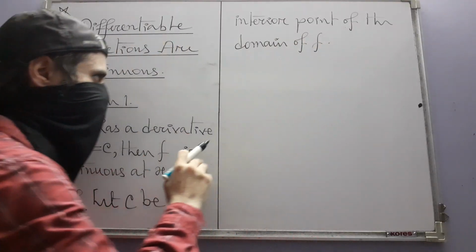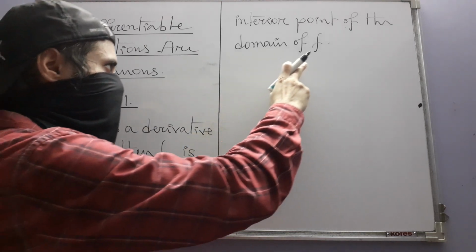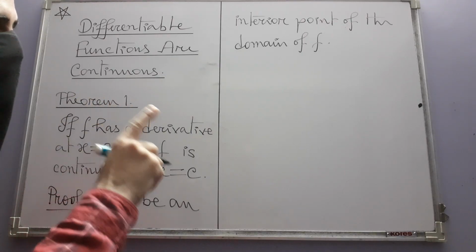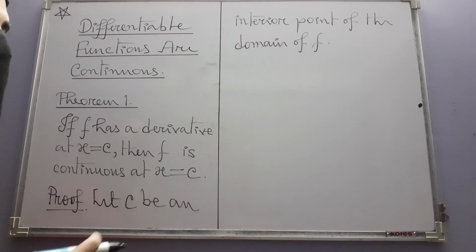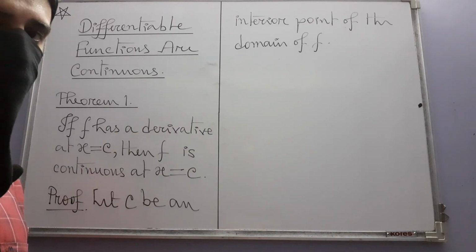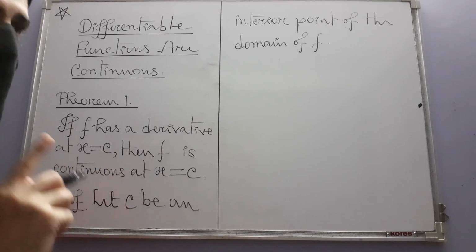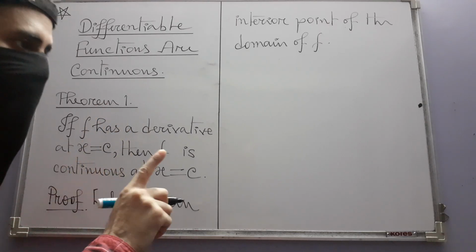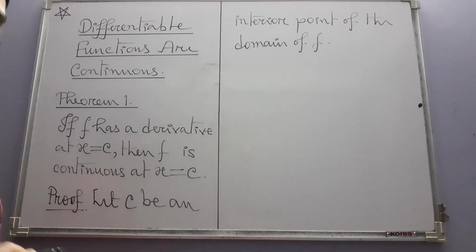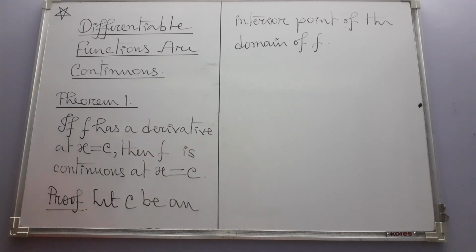The kind of domains that we are considering of functions, the domain of f of course is some interval. Now c being an interior point means that we have a little bit of area to the right of c and a little bit of area to the left of c within that interval. In other words, c is not an endpoint of the interval. c lies in between the endpoints somewhere. That's what it means for c to be an interior point.